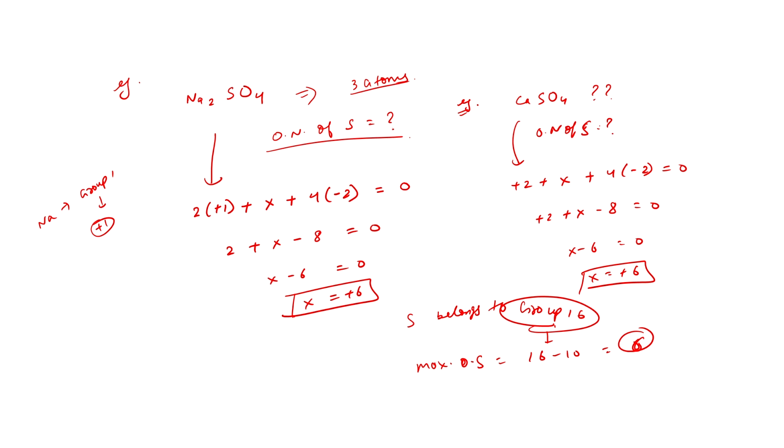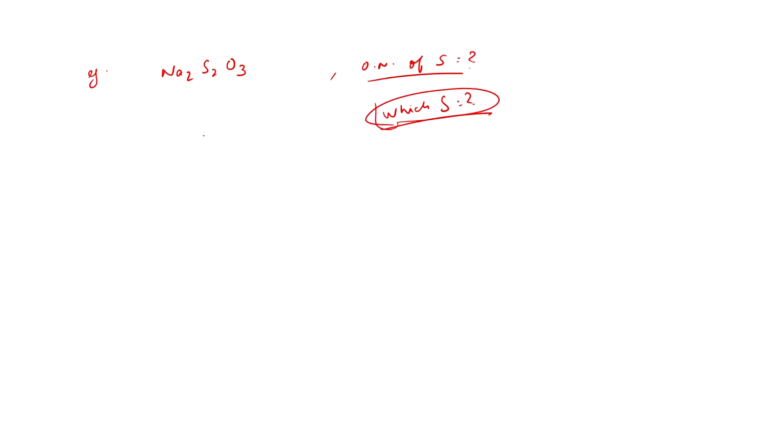Now, taking one of the examples where 2 sulfurs are present, let us say Na2S2O3. Someone asks you the oxidation number of sulfur. Now, there are 2 sulfur. You must be wondering which sulfur oxidation state you need to calculate. If I do this, sodium is +1, for sulfur we assume it is x.